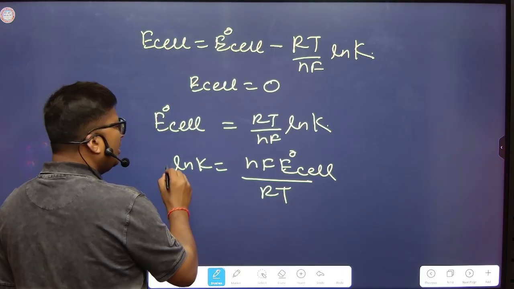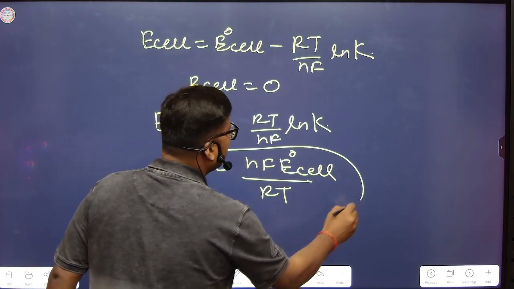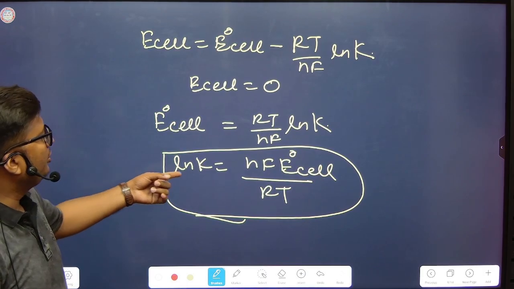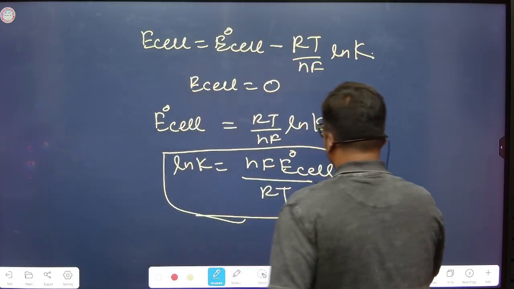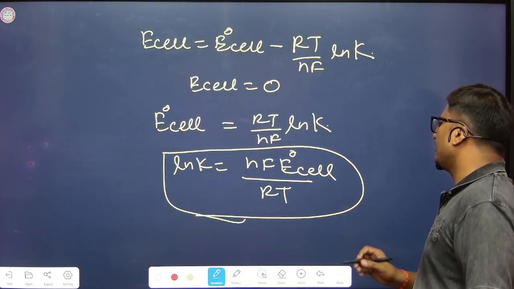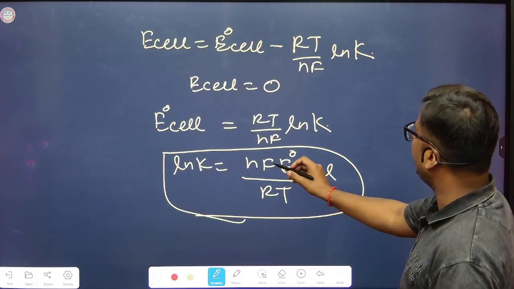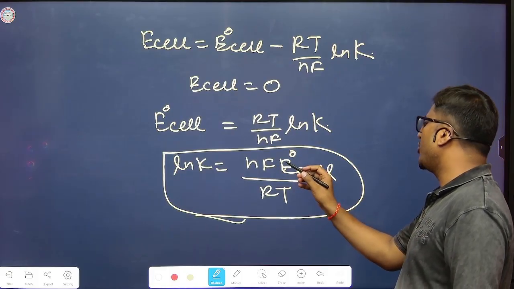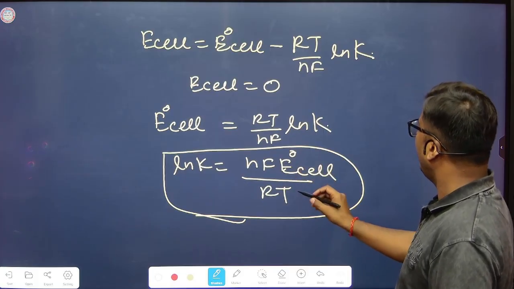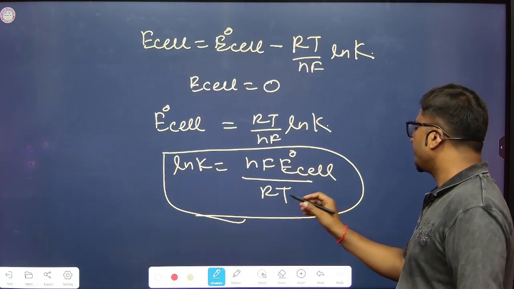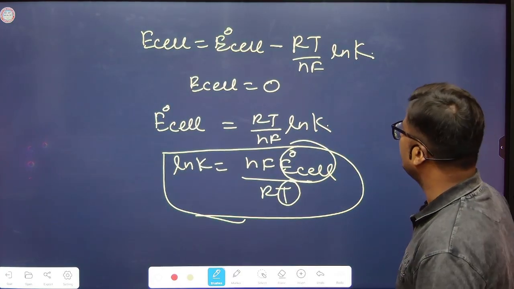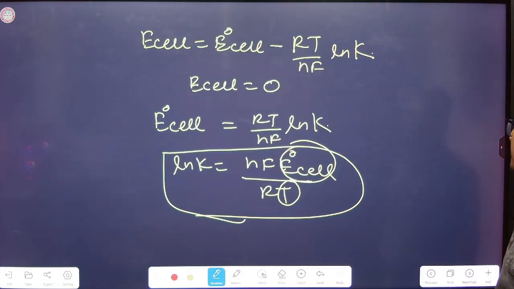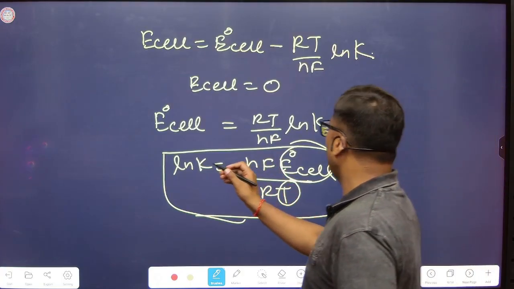Here ln K, the natural logarithm of the equilibrium constant, depends on the standard cell potential and temperature, because n is the number of electrons which is constant, F is the Faraday constant which is constant, and temperature and E naught cell are variable.